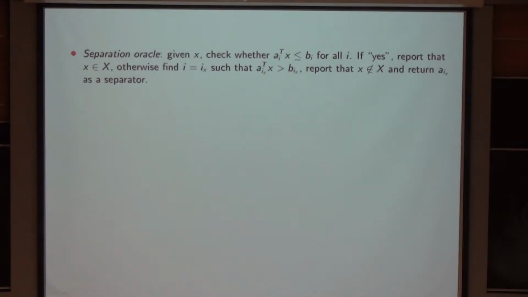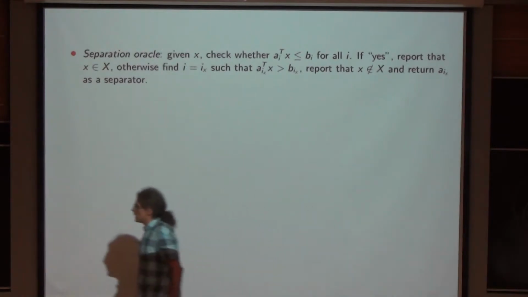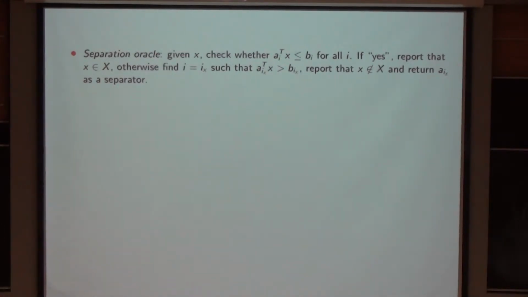Okay, so now what will be the separation oracle for this? Our feasible set is just a polyhedral set, described by the inequalities A_i transpose x less or equal than b_i. If we have a point x, we will verify if all the inequalities are verified. And if they are not, we will take the inequality which is not verified by x.